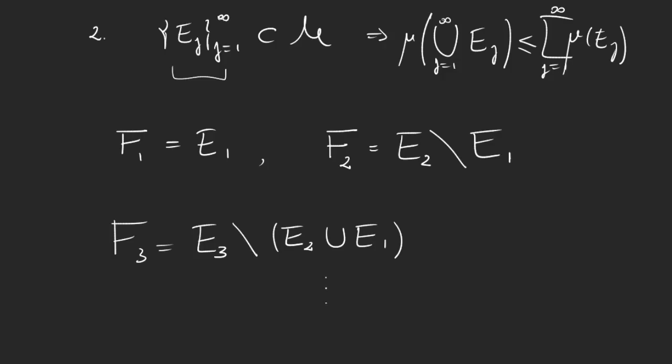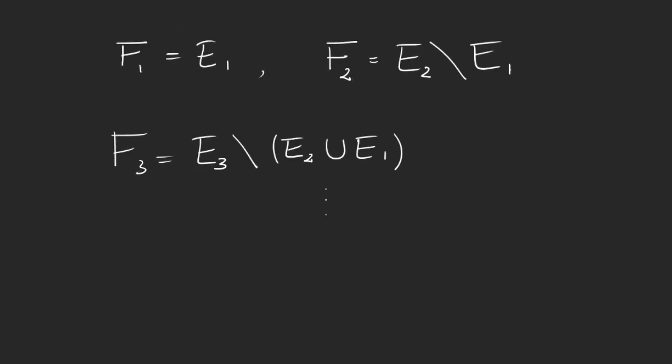So just continue this way. Eventually you will get an F sub n, for n a natural number, which will be the nth element in your original sequence, but subtracting the union up to the last one of the elements in your original sequence.